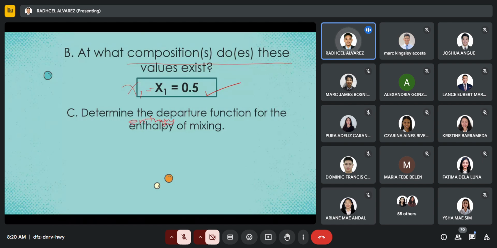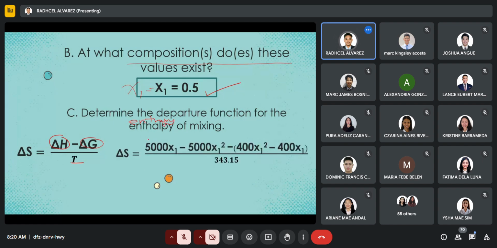So, paano natin siya makukuha? Di ba mayroon akong inintroduce na formula na delta S is equal to your delta H minus delta G all over the temperature. So, direct substitution lamang tayo dito. So, meron tayong formula for our delta H, ito yung ating given. Meron tayong 5,000 x1 minus 5,000 x1 squared.